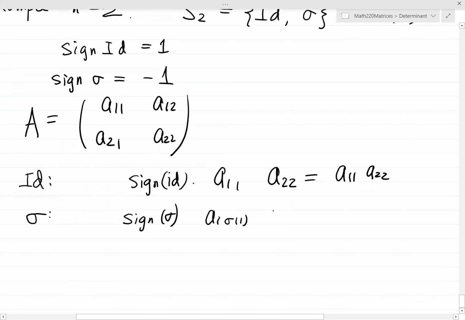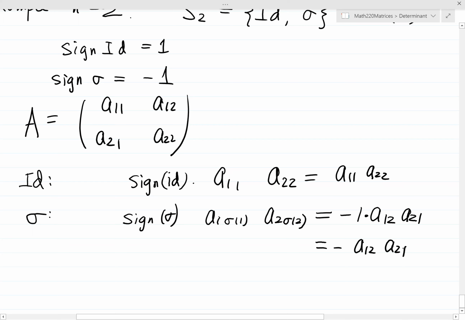So sigma 1 is 2 because it flips 1, 2, and sigma 2 is 1. So this is negative A12, A21.